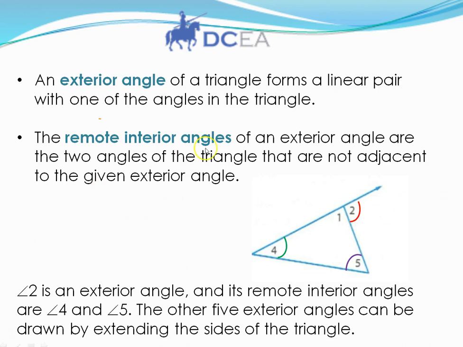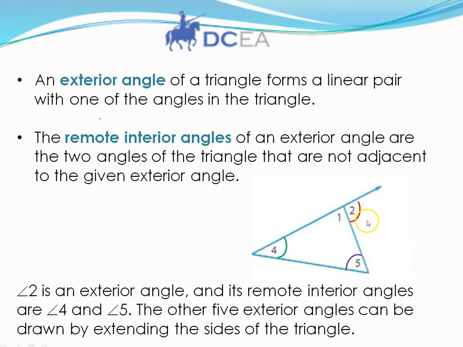The remote interior angles of an exterior angle are the two angles of the triangle that are not adjacent or next to the exterior angle. So when we talk about remote interior angles, it's not angle 1, it is the two angles opposite here, angle 4 and angle 5.